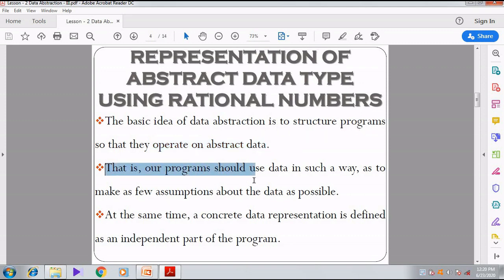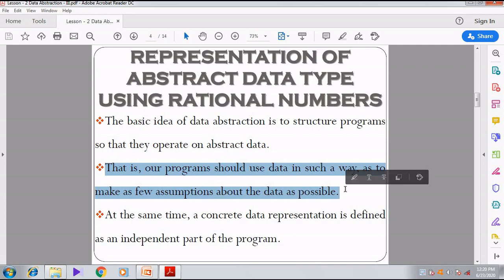That is, our programs should use data in such a way as to make as few assumptions about the data as possible. See, we should not take the original thing, we should not take a real thing. Sometimes we want to go for an assumption.